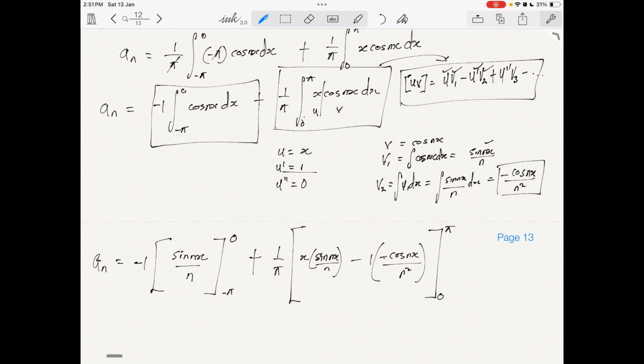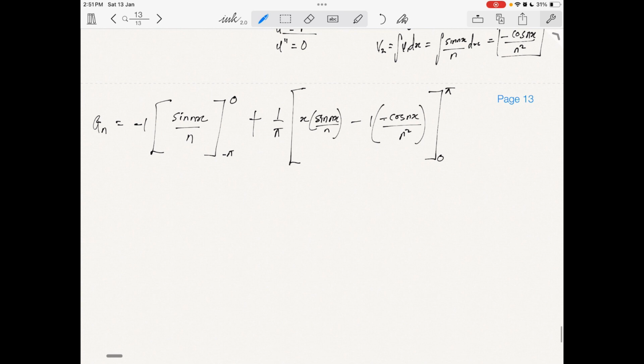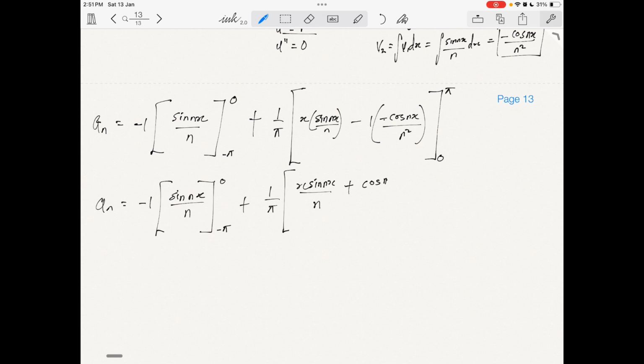So simplifying further, we have that an is equal to minus 1 into sin nx over n, 0 to minus pi, plus 1 over pi, x sin nx over n plus cos nx over n squared, from 0 to pi.